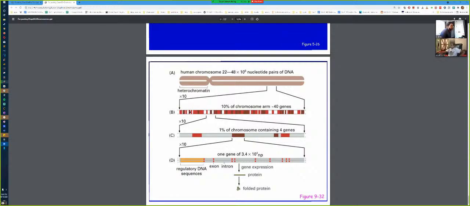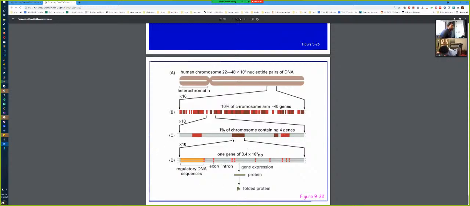Each of these things is a gene. Now they focus in on just this area, 10% of the 10%, so 1% of the chromosome. That has 4 genes.